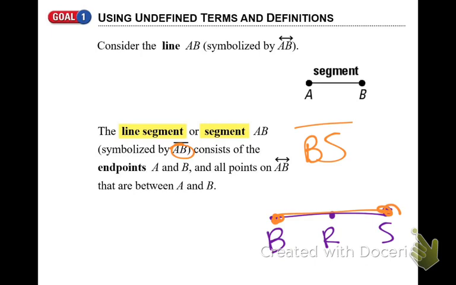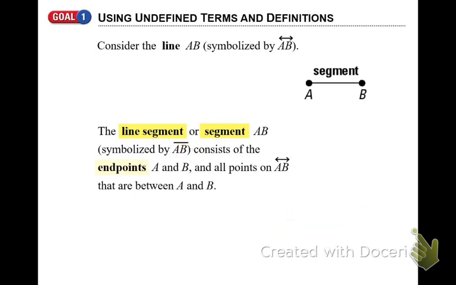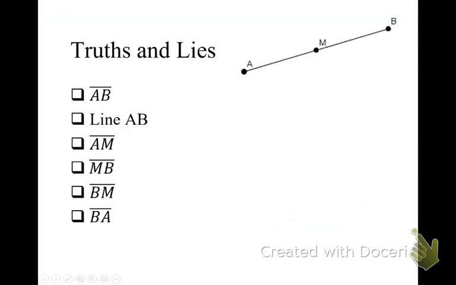Any questions on that one? This one's easy. Let's look at it. AB. We're wanting to name this entire line in the top right. Does AB name the entire line? No. First off, this isn't even a line. What does a line look like in geometry? Yeah, it has the arrows.